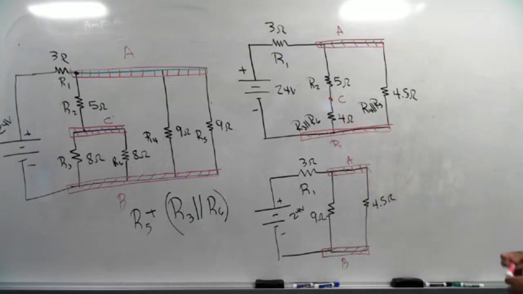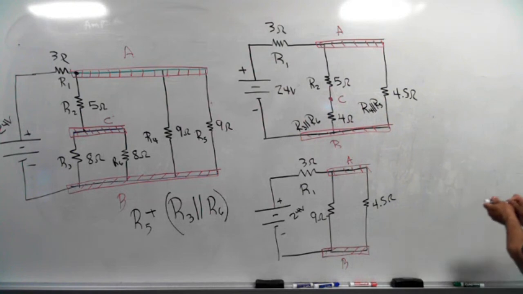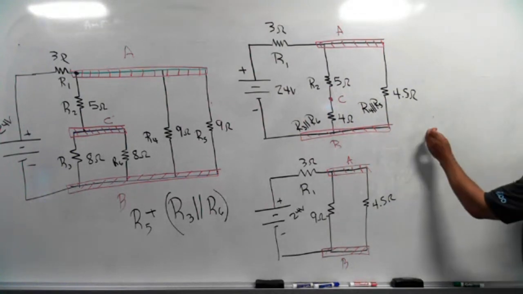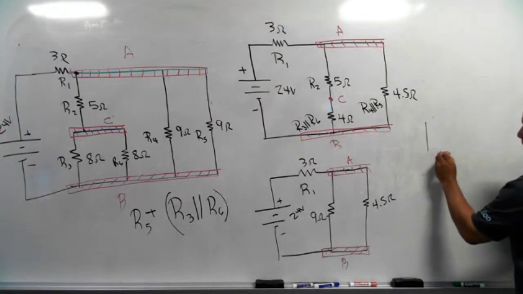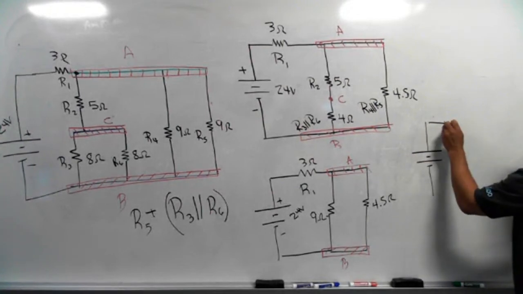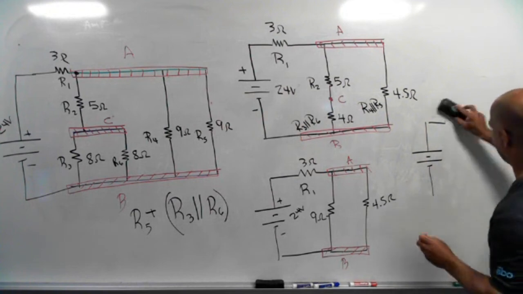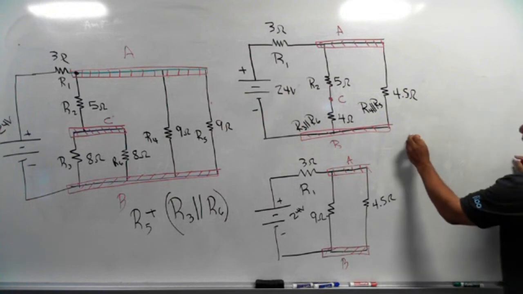I got one more step to get down to a series circuit. Combine these two in parallel, and I end up with what I want, a series circuit. So I'm going to redraw this as a series circuit. And okay, I lost my line, so I don't know when I'm out of the camera.